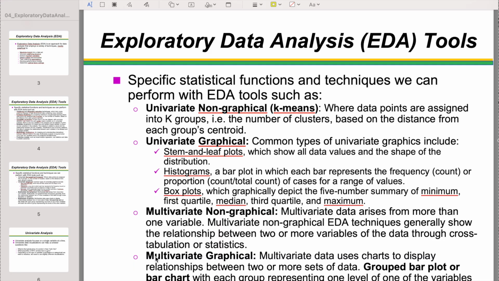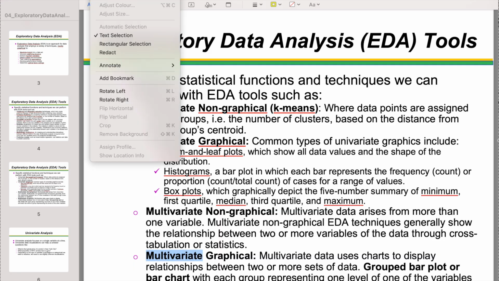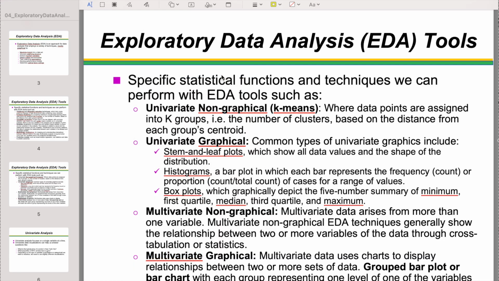When we're having multivariate and we would like to know several variables versus just one, we can have a grouped bar plot, what is also called a bar chart.